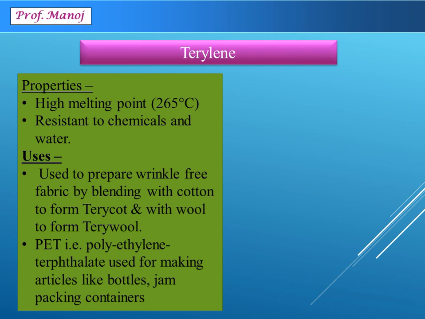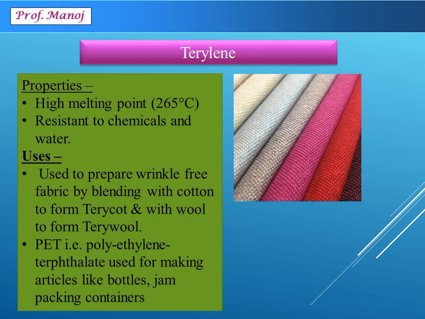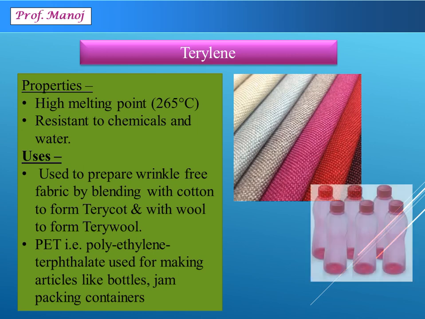Terrycot is a very popular fiber in making shirts in most of the countries. Its another derivative PET, polyethylene terephthalate, is used in making articles like bottles and jam containers, etc. This is a kind of a terrywool fiber, and these are the kind of bottles which we use. They are mostly from PET bottles.